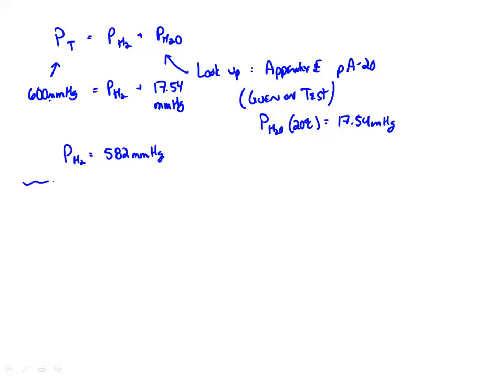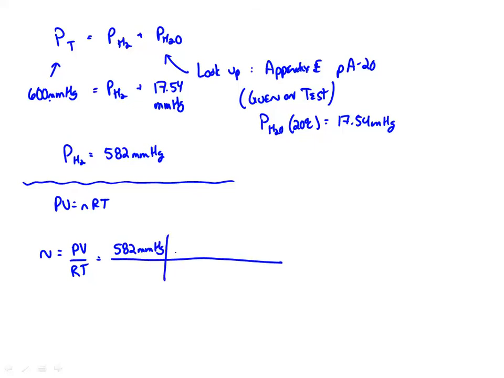And then, of course, the second part is kind of review. That's where we use our PV equals nRT. Since I know P, V, and RT, I must be solving for n. And so we go ahead and say n is equal to PV over RT. Start plugging in all our numbers, 582 millimeters of mercury.